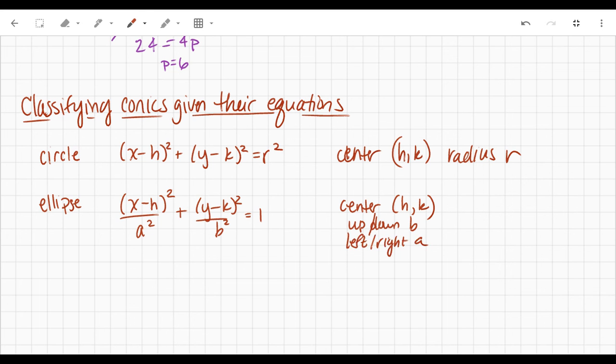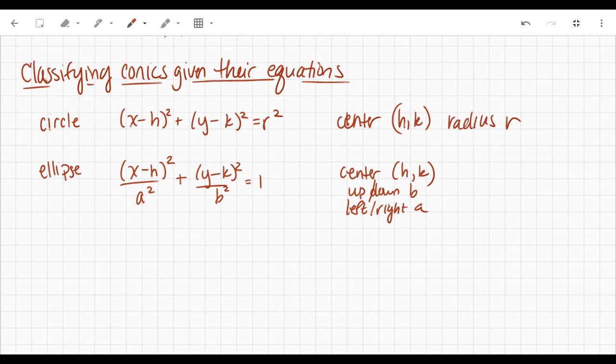Whichever one of those is bigger gets you to the vertex. The vertex is the farther distance. Alex is pretty picky about a having to be greater than b. So in this way, the vertex would only be left and right.